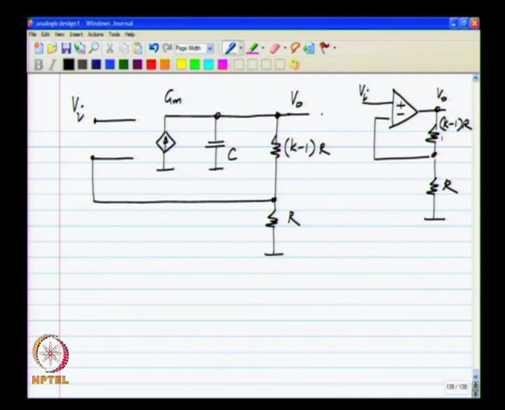And this is Vd, and I will use the simpler notation of simply writing Gm, but it is understood that the current here will be Gm times Vd. So, think about this for a moment, think about this circuit and see if it will work.